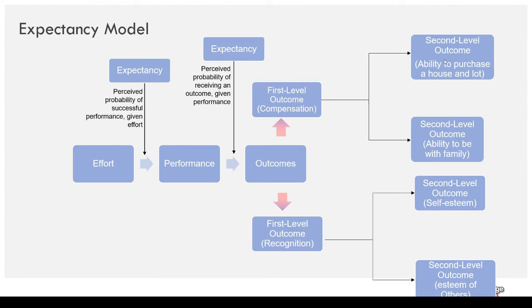It refers to an ability to purchase a house and lot, to buy a car, to buy foods, or the outcome may be a negative valence, which has the second level outcome, ability to be with the family.